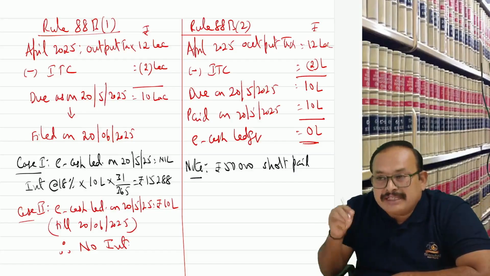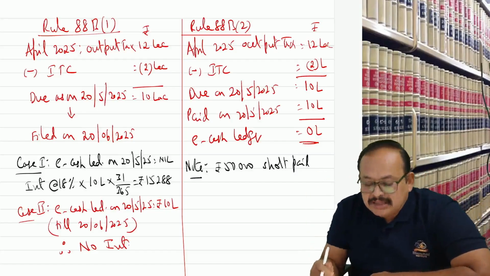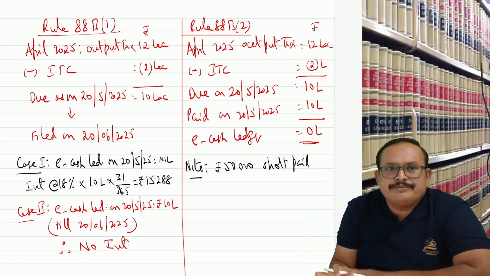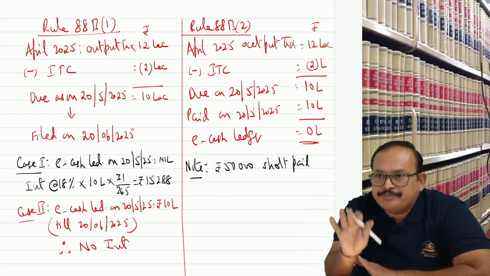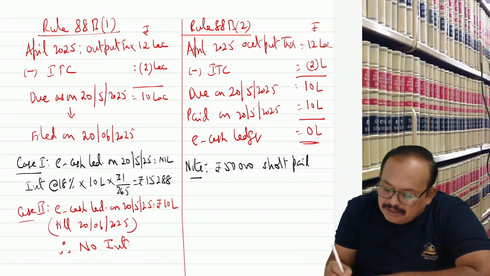Instead of paying 10 lakh 50,000, I paid how much? 10 lakhs. Return also submitted. There is no belated return. Clear? This was short paid on 20th May 2025.